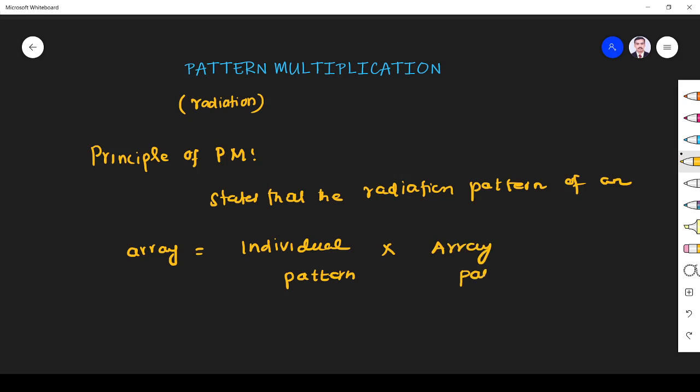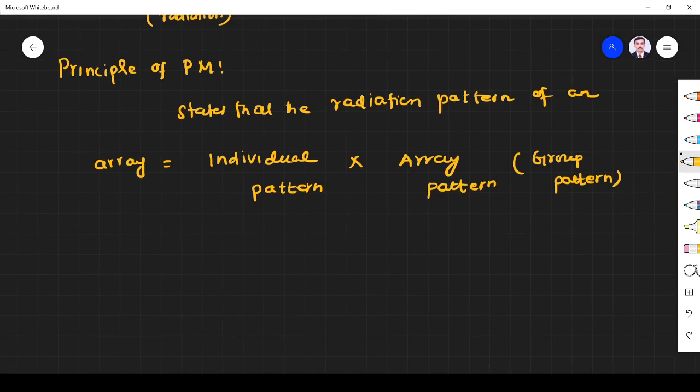The array pattern you can also call the group pattern. So the total radiation pattern we get from any array is equal to the multiplication of the individual pattern with the array pattern or group pattern. This is what pattern multiplication is.